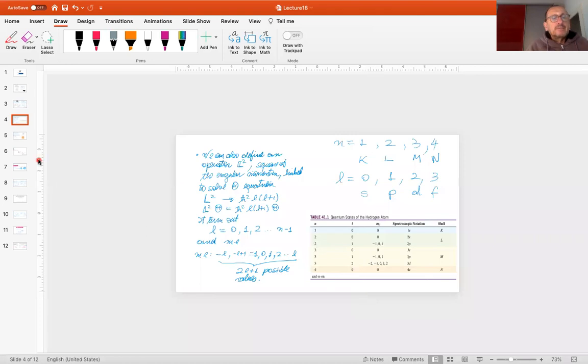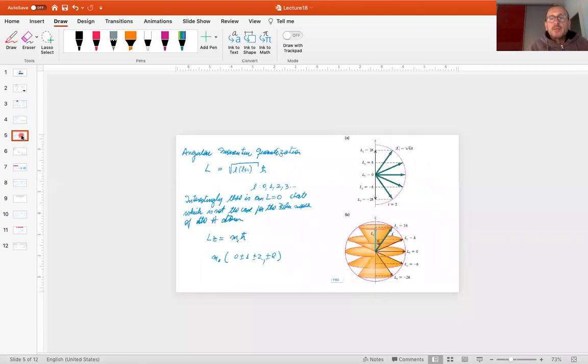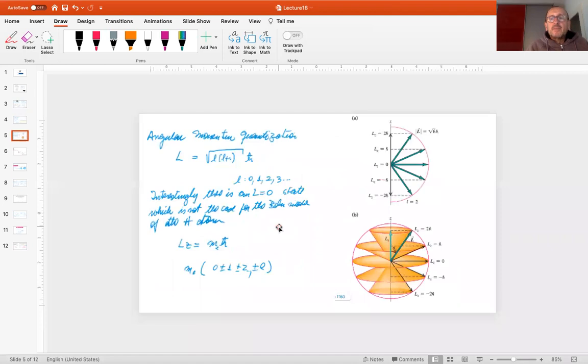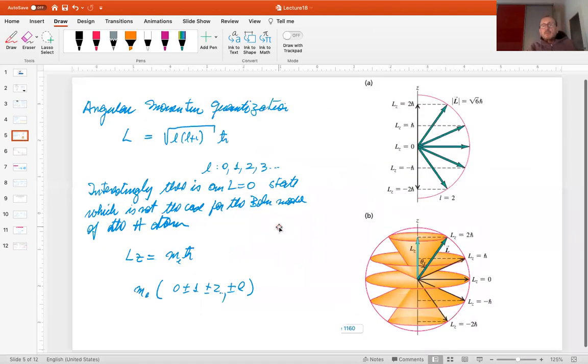Let me go back here and speak about angular momentum. The angular momentum is quantized, as I told you before. L is equal to the square root of l times l plus 1 times h bar. So the minimum unit of angular momentum is h bar. H bar is the way the angular momentum increases, and l can be any of those values.